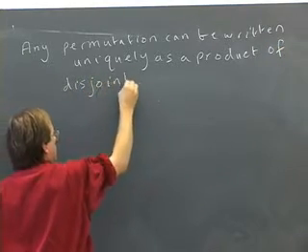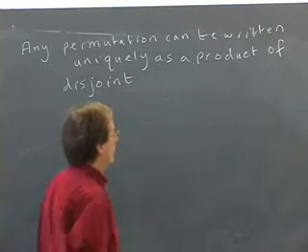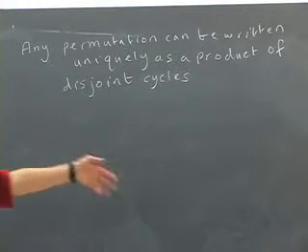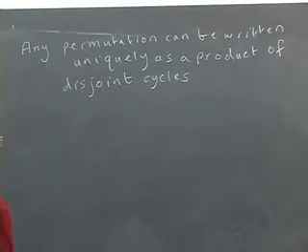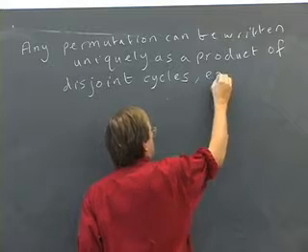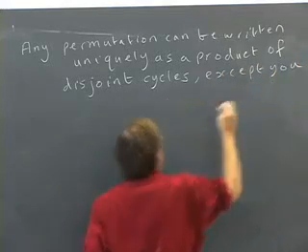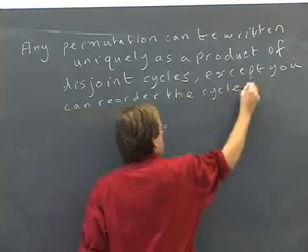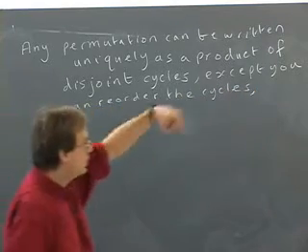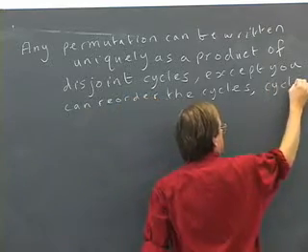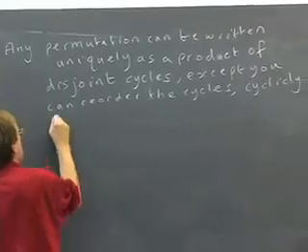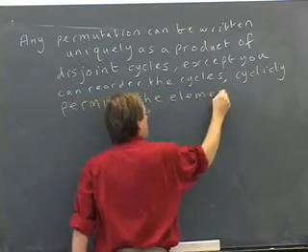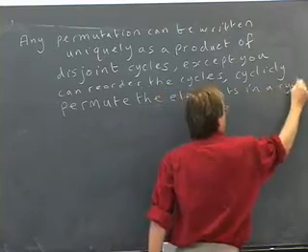Disjoint meaning they have no numbers in common, no number occurs in both cycles, up to the possibility, the various switches I explained you could make there: you can reorder the cycles, cyclically permute the elements in a cycle, and you can drop one cycles.